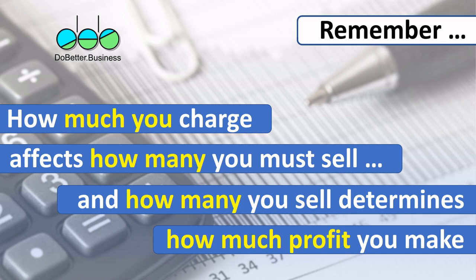So finally, remember, as we said up front, the amount that you charge will determine how many you must sell, and the number that you sell will definitely determine the profit that you make.